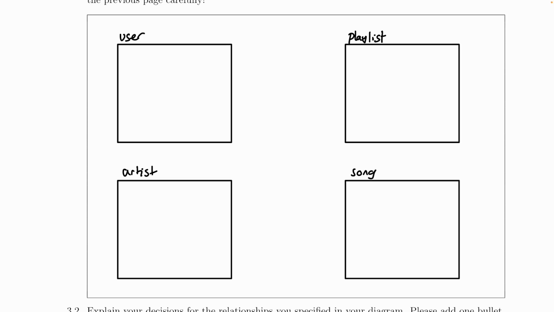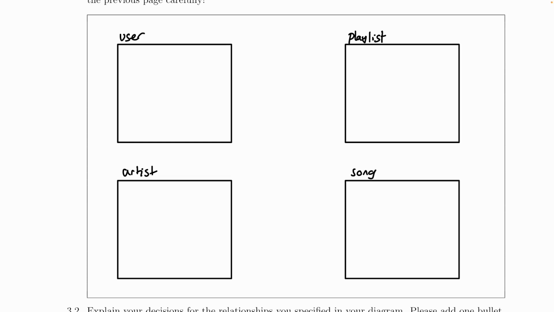When you're dealing with 4 tables, there's more relationships that might go on. So let's think about this. If I just choose two tables, like user and artist, would there really be a relationship between user and artist? There might not necessarily be an obvious one, but maybe a user would have favorite artists.